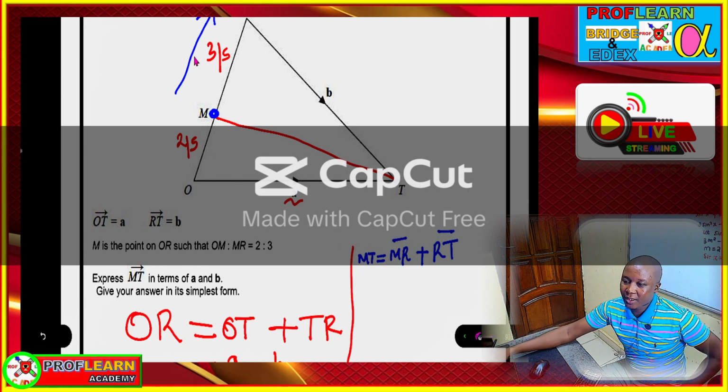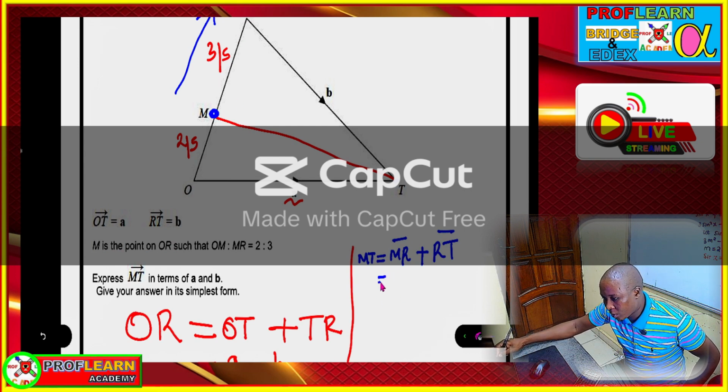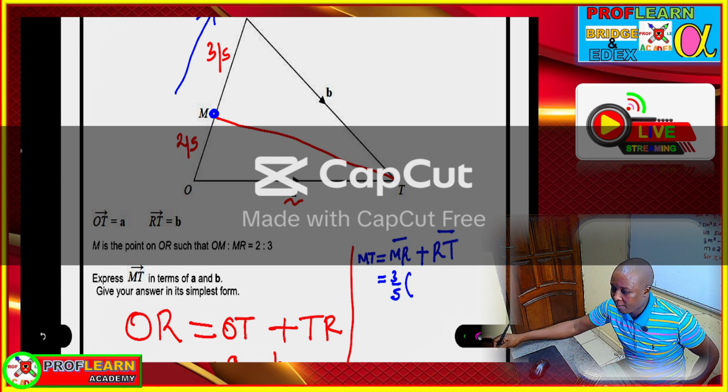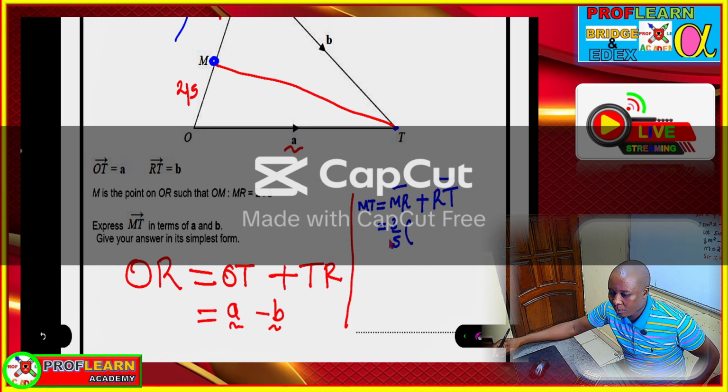But MR is going to be 3/5 of OR. So this is going to be equal to 3/5 of OR, and our OR, we have gotten it to be A minus B plus RT.